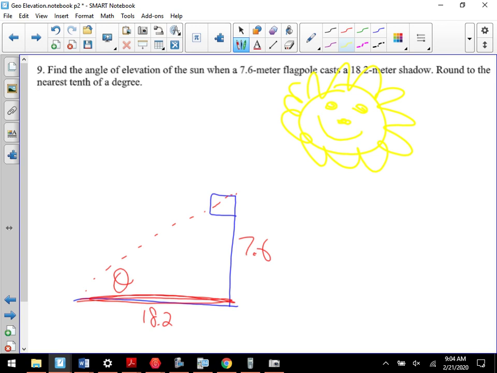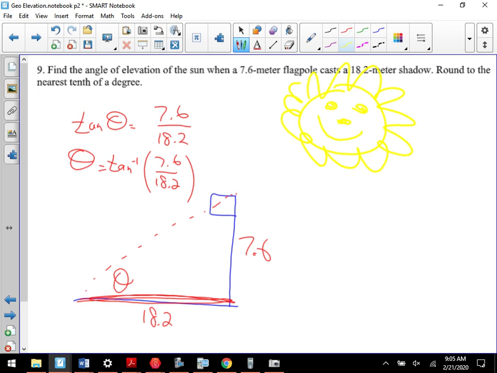You've got your opposite and your adjacent. So tangent of your angle is 7.6 over 18.2. Inverse tangent, and press a whole bunch of buttons.